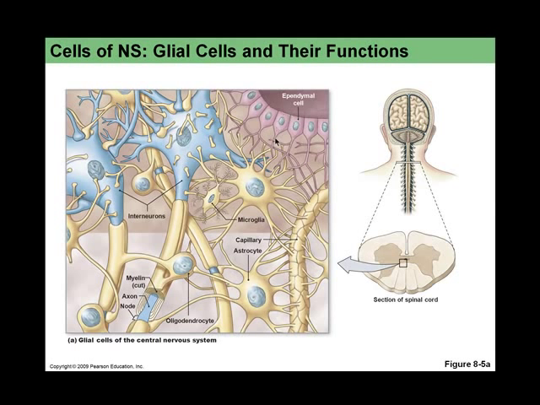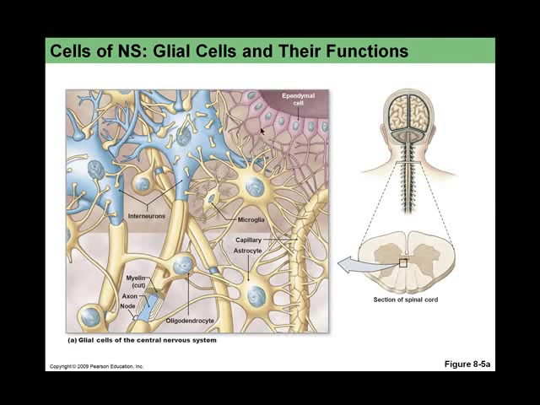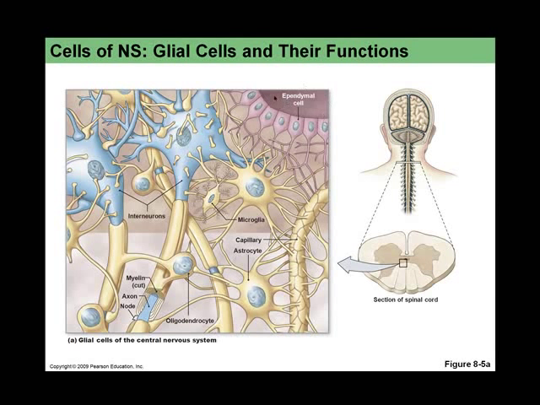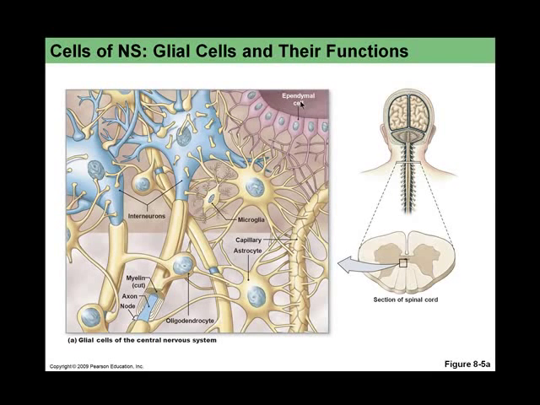So these ependymal cells are associated with contributing to the removal of substances that you typically might think of would end up in lymph and peripheral tissues.